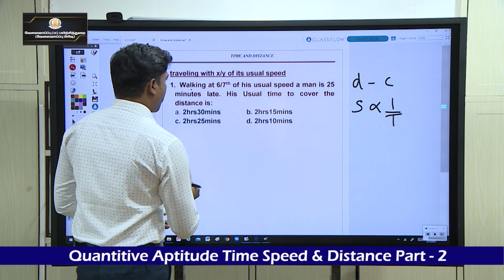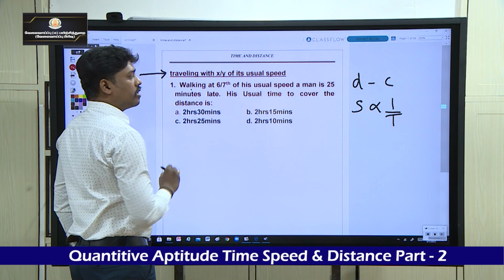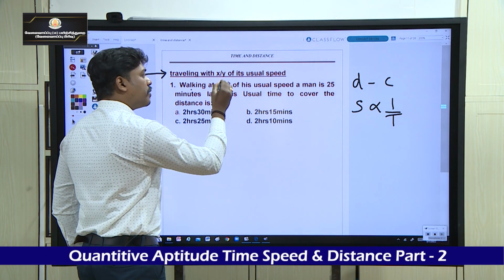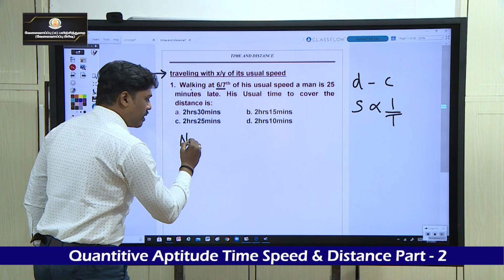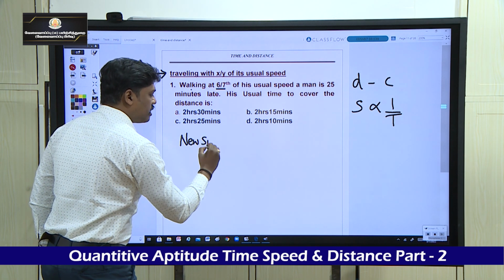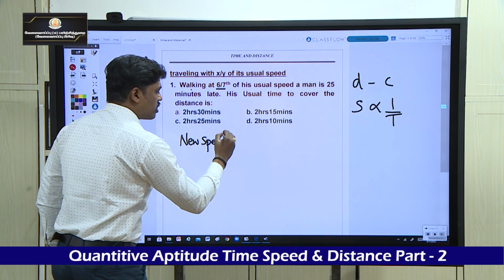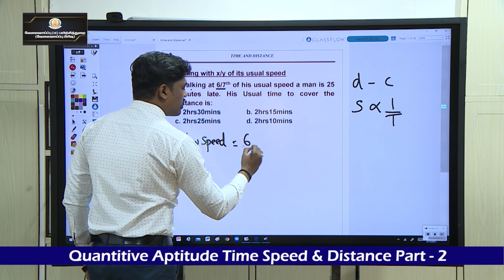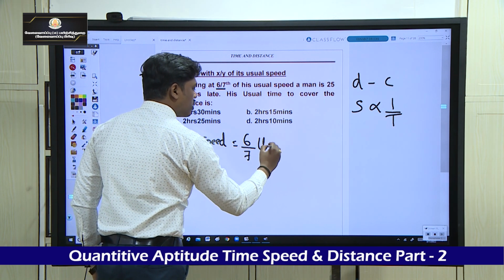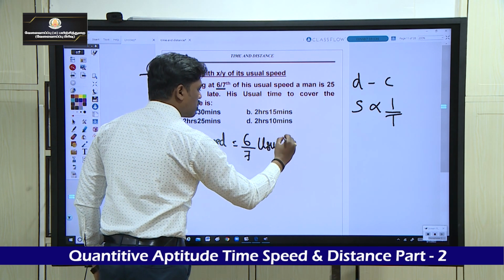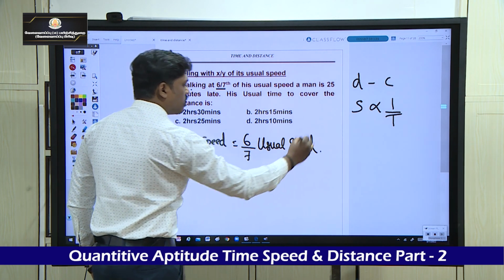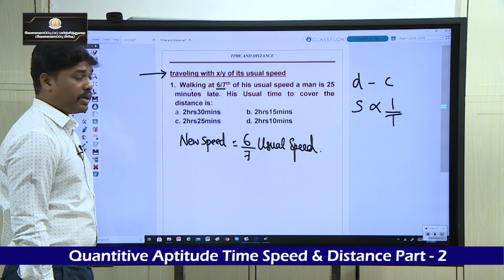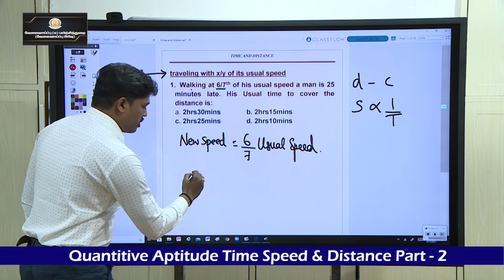So right here, walking at a speed of 6/7 of usual speed means this is a new speed. So that person's new speed is 6/7 of his usual speed. Now what happens?